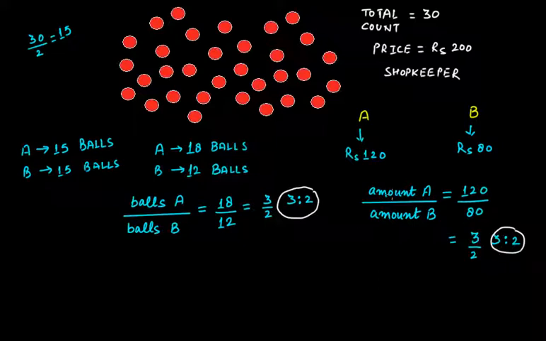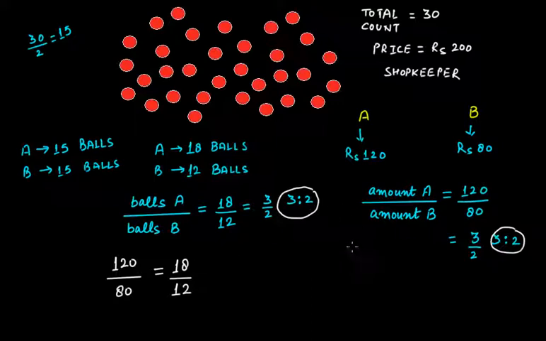It means that 120 to 80, the ratio of the amount paid by them, is equal to the ratio in which the balls were distributed, that is 18 to 12. Because if 18 to 12 is simplified you get 3:2, and when 120 to 80 is simplified you also get 3:2.